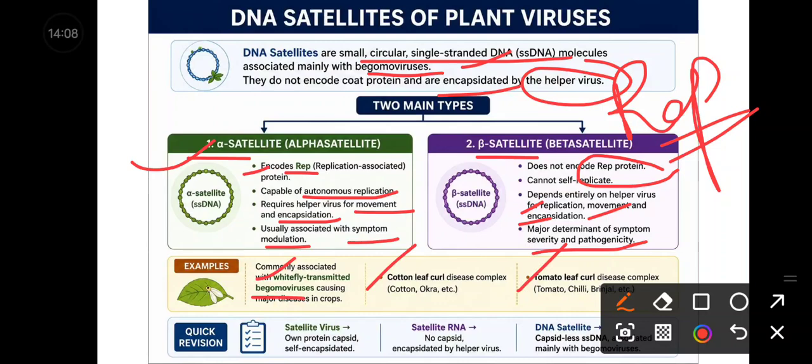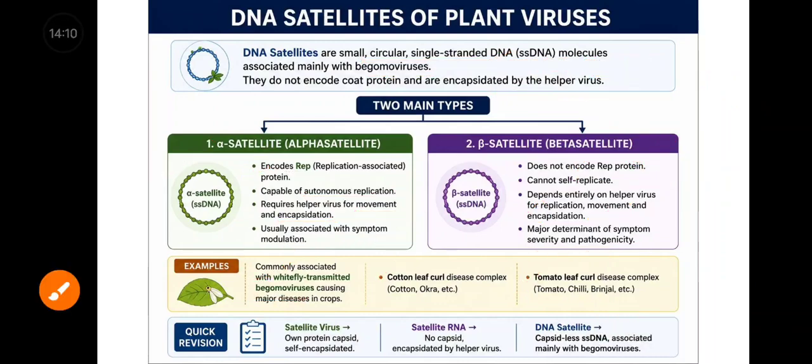So here is the quick revision point. So satellite virus can synthesize its own capsid protein, but it depends on the helper virus only for replication. But satellite RNA has no capsid, it depends wholly on the helper virus for replication, movement, encapsulation, everything.